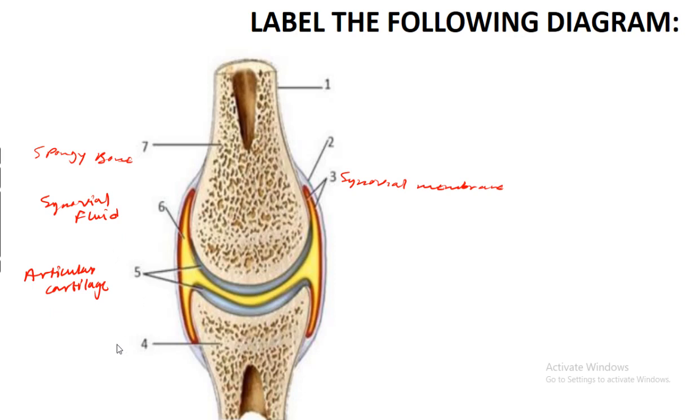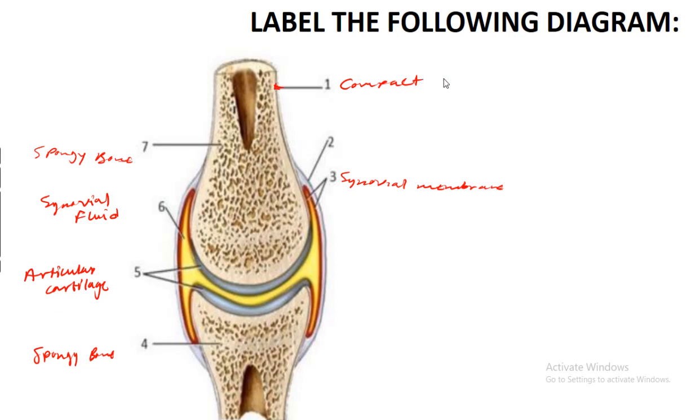And then 4 is the same bone as 7. So this is just the spongy bone. And then 1 is simply the compact bone. Though it's not clear, it has to be the compact bone because of the way the line is going there.